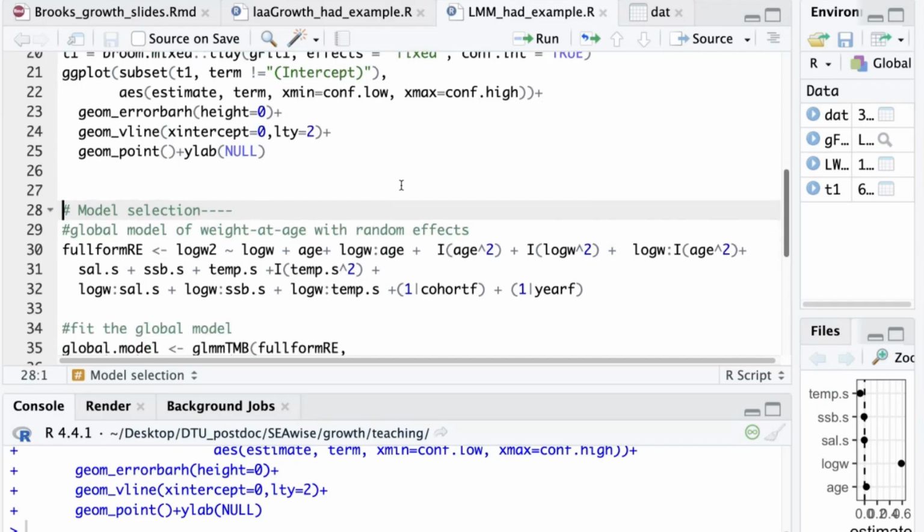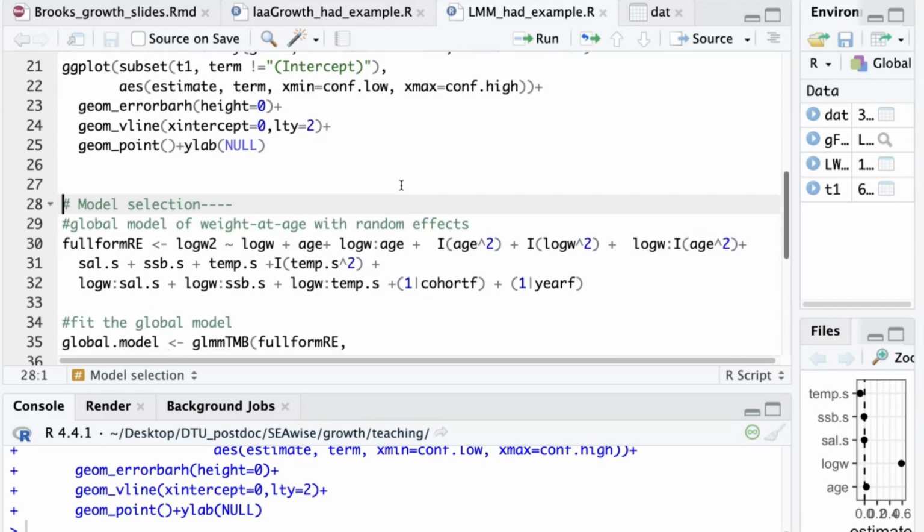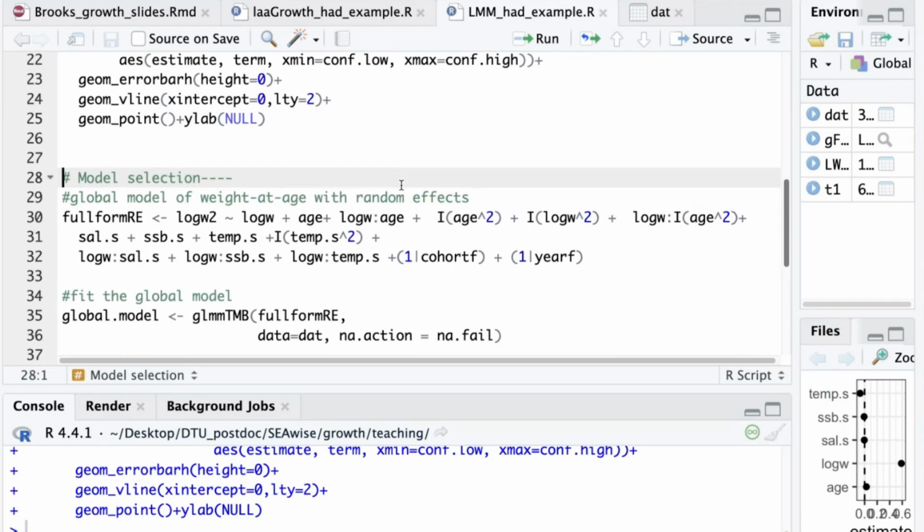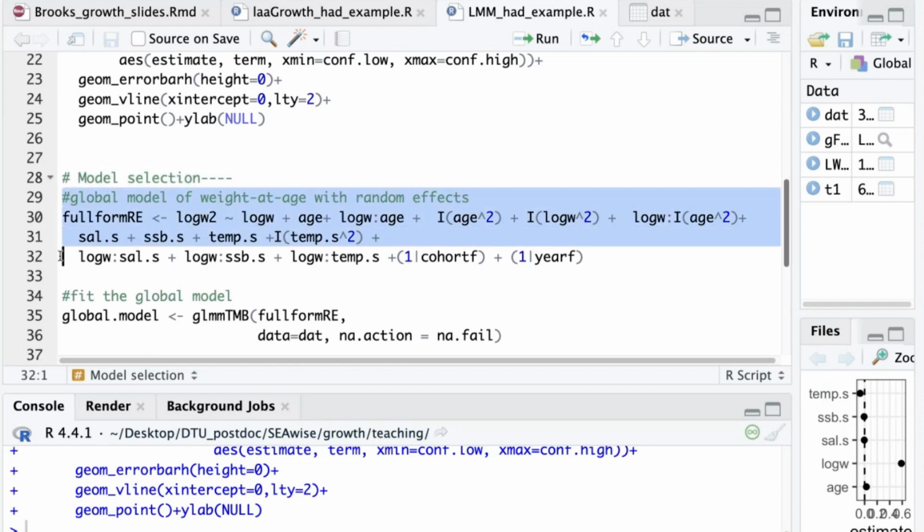And so that was one model, but then there's lots of models we could consider. And so I'm going to do model selection where we can consider all subsets of this global model. And the global model is the one I showed you before that's quite complicated.